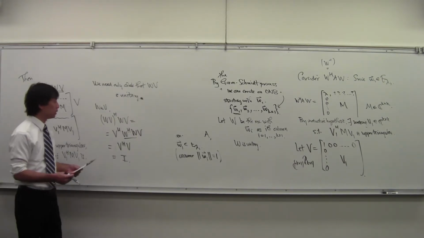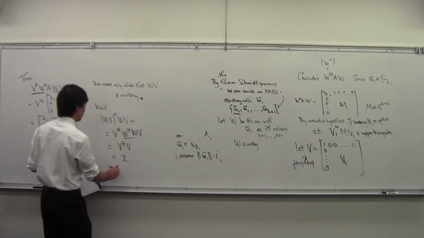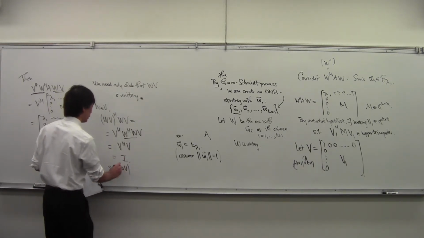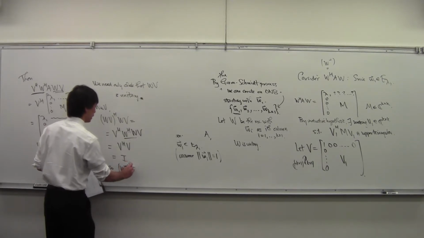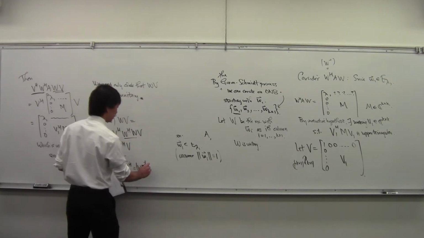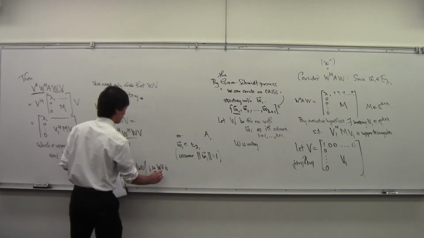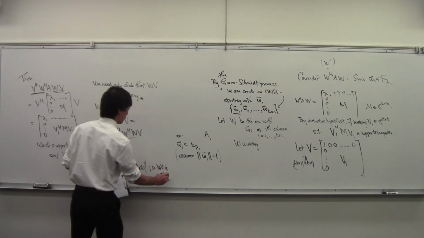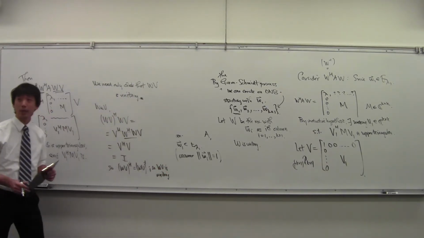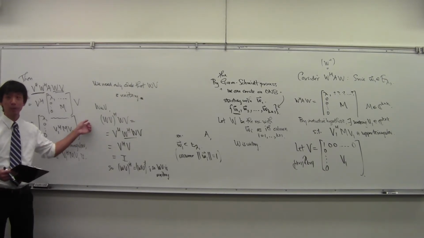So W V H is W V inverse, right? So W V is unitary. Okay, and that's the end of the proof that every matrix is unitarily triangularizable.